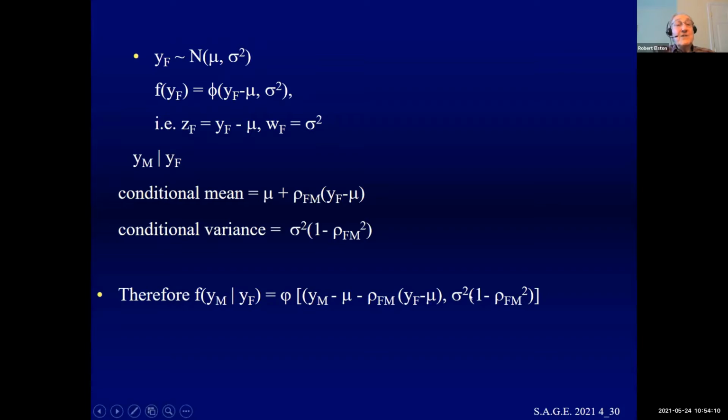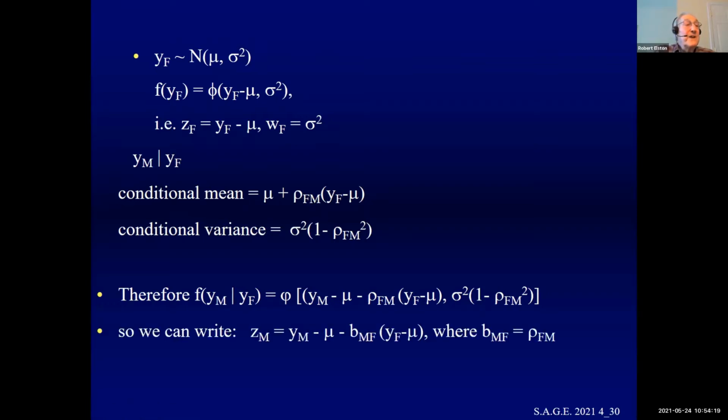And here we have the residual variance, what's left over after you've allowed for the fact that you're conditioning on the father. So we write this normal variable, which has mean 0, where in this particular case the regression is the same as the correlation, and the residual variance is the original variance minus it times the correlation between father and mother squared.